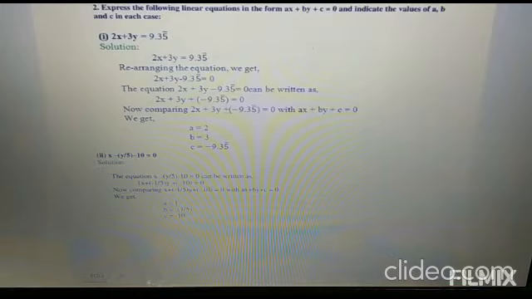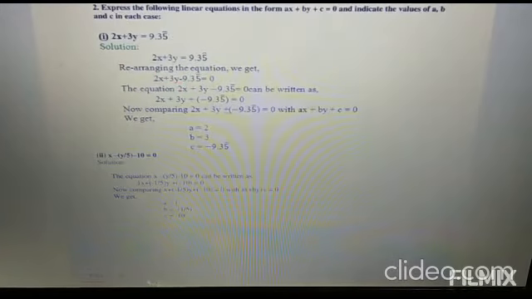We first have to take this on the left. So first we will take 9.35 to the left: 2x plus 3y minus 9.35 is equal to 0. Now we have represented it in the form ax plus by minus c, so we have to change this minus into plus.